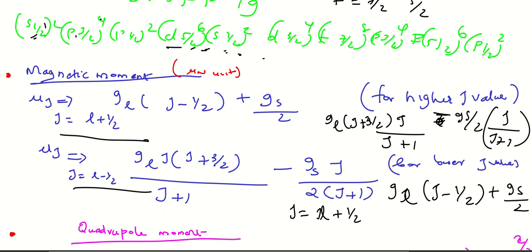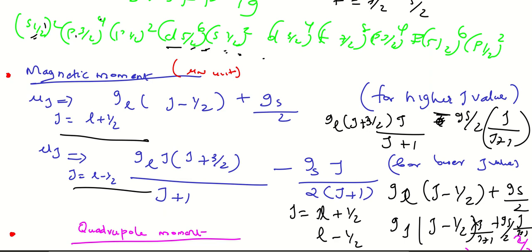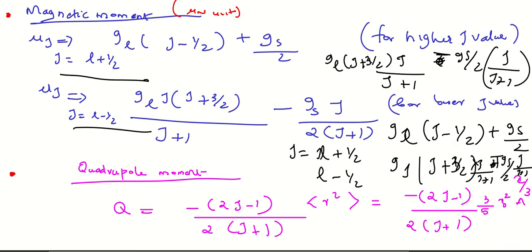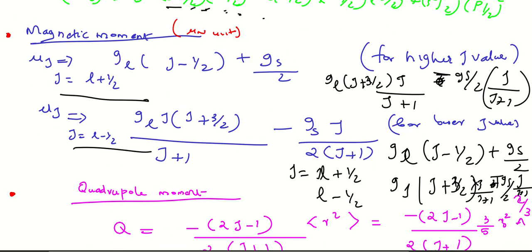For L minus half, GL into J minus half into J by J plus 1 plus GS by 2 J by J plus 1, and we have to change plus with minus, minus with plus, and 1 by 2 with 3 by 2. Like that, we got the two formulas. From these equations, you have to remember this equation only: J is equal to L plus half, GL into J minus half plus GS by 2.